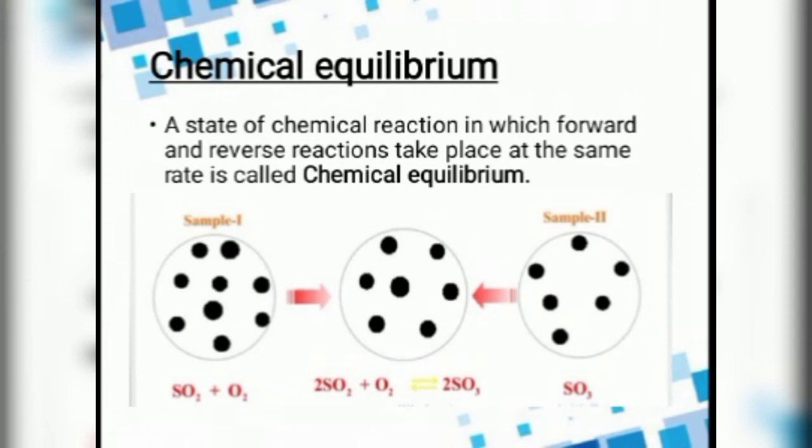And in the second reaction from right to left, SO3 decomposes into SO2 and oxygen. So in the middle picture, here SO2, O2 and SO3 are present. It is a condition of equilibrium because in equilibrium, forward and reverse reactions take place at the same rate.